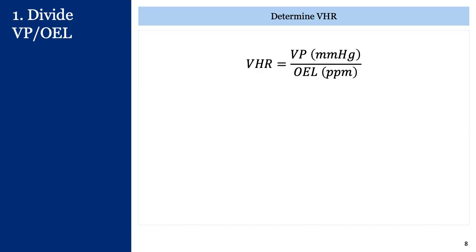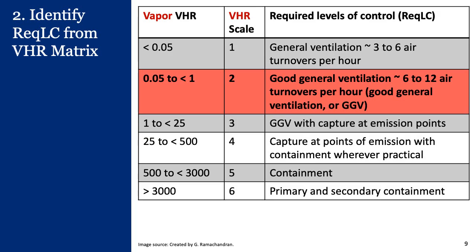So again, I'll go through these different steps one by one. So the first step is to calculate the vapor hazard ratio. So we divide the vapor pressure in units of millimeters of mercury by the occupational exposure limit in units of parts per million. And then we go to our vapor hazard ratio matrix.